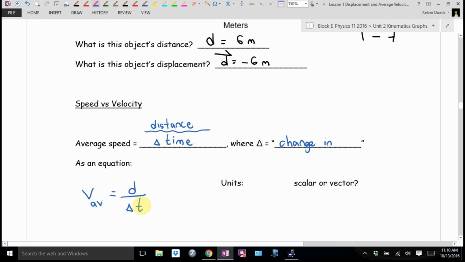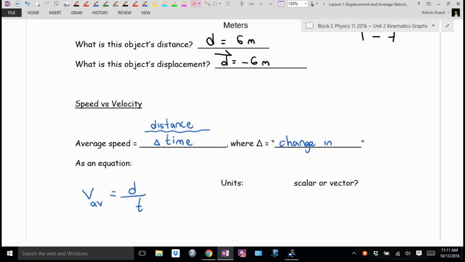Stop, look up, don't write this down yet. Because time is always a change in, over the years we get lazy and we stop putting the delta because it's sort of understood, the same way as you stop putting a plus sign in front of a positive number because it's sort of understood. So, okay. D over T. I think that's on your formula sheet somewhere near the top row or second row.